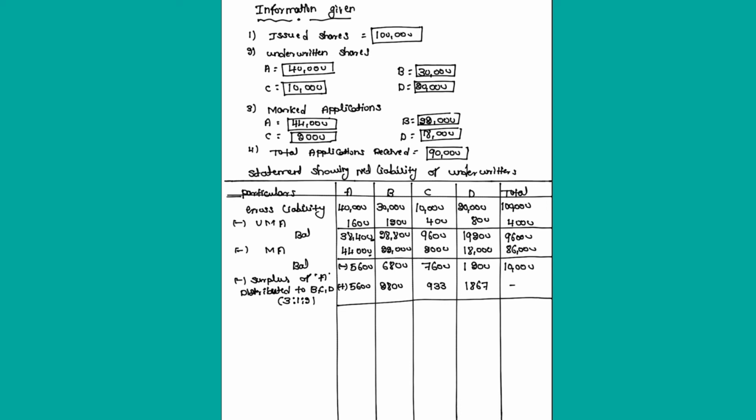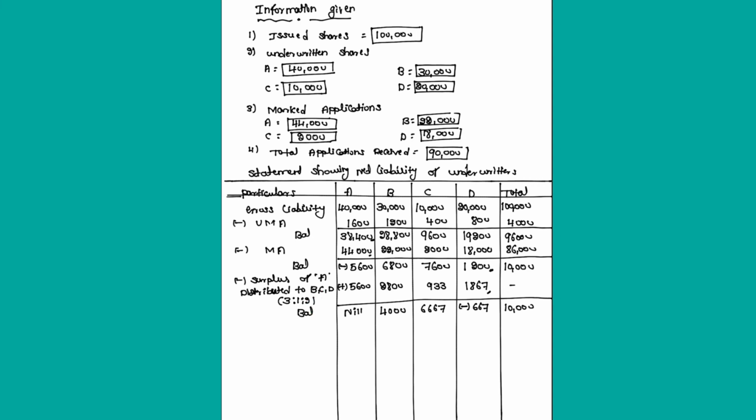If you take the balance here, A column nil, and B column you will get 4,000, C column you will get 6,667. Again if you observe, underwriter D got surplus, so he has shares of 1,200, but he received applications for 1,867. Again here D got surplus, so minus 667 is surplus.